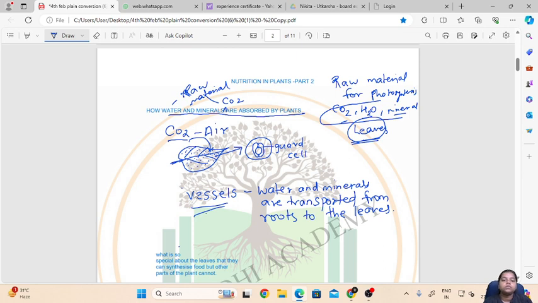In that chapter we will learn. As of now, you just remember that water and minerals are transported from roots to the leaves through vessels. And carbon dioxide is absorbed through a structure called the stomata. These are the small pores which are present on the surface of the leaves. So it is clear how it is absorbed, understood.